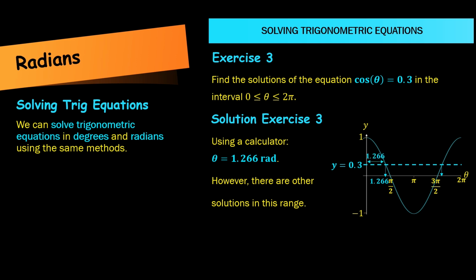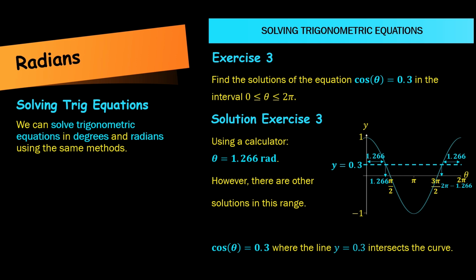So if the given distance on the graph is 1.266, then by symmetry, 1.266 can also be seen on the other side of the graph as shown. So the other solution will be 2 pi minus 1.266.